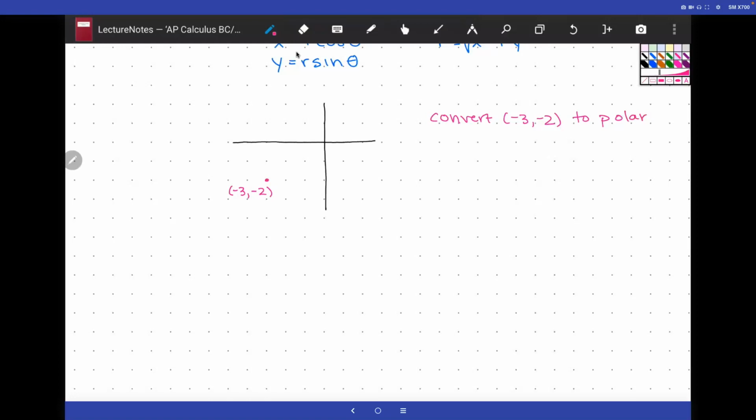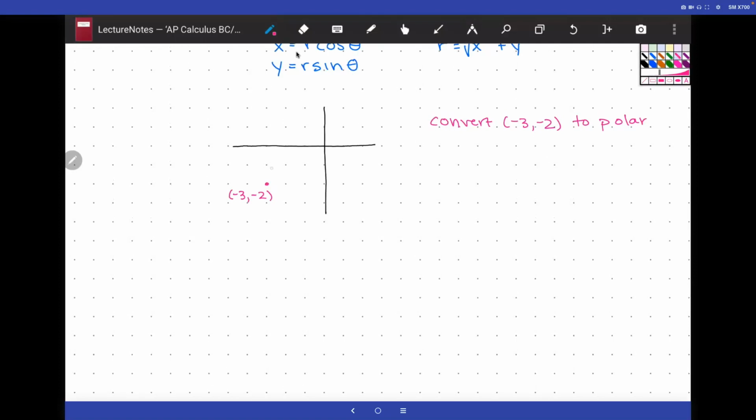Anybody know what r is right now? Yeah. We can make that right triangle there. This is 3 units. This is 2 units. R, using this formula, gives us root 13.